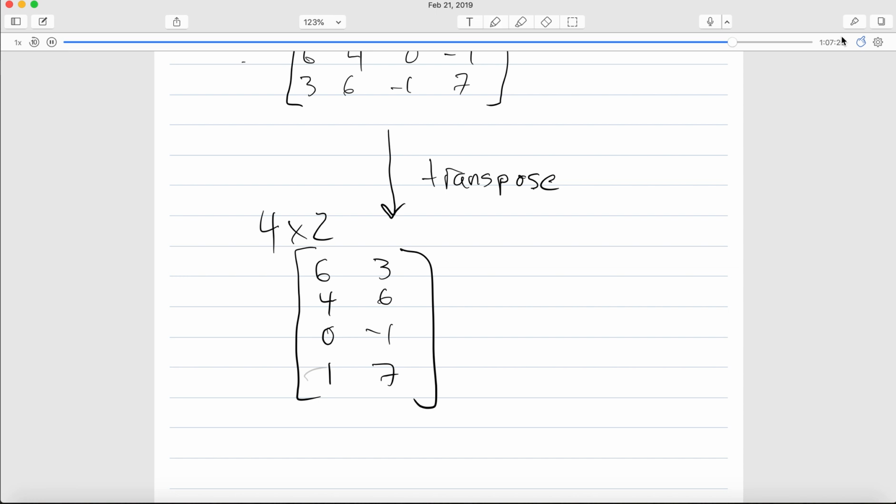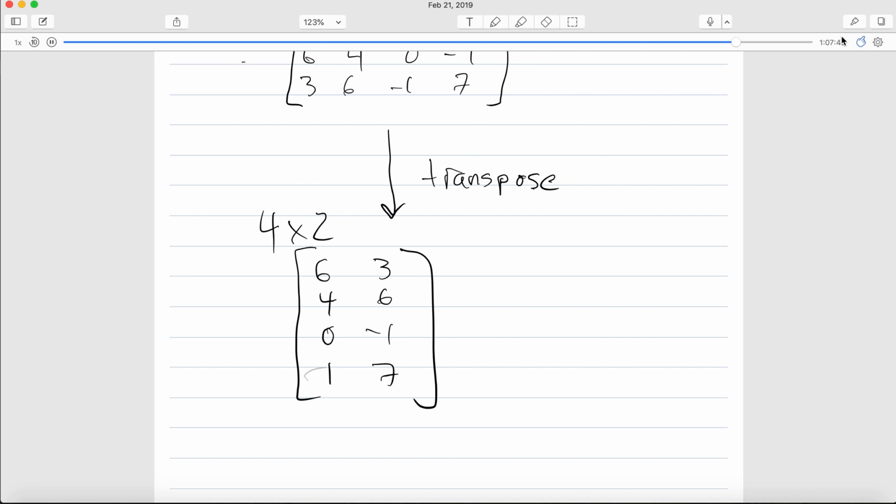Transpose. Okay. And then 6. And this one, 4, 6, 0.